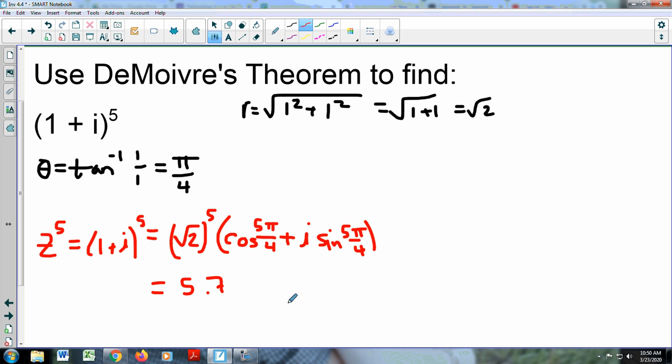Got to find my unit circle here. Give me a second. Cosine of 5 pi over 4 is negative square root of 2 over 2, plus i times negative square root of 2 over 2.